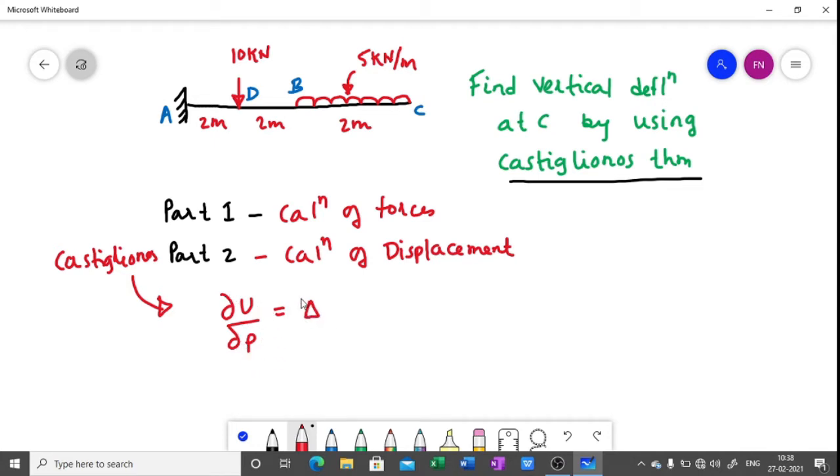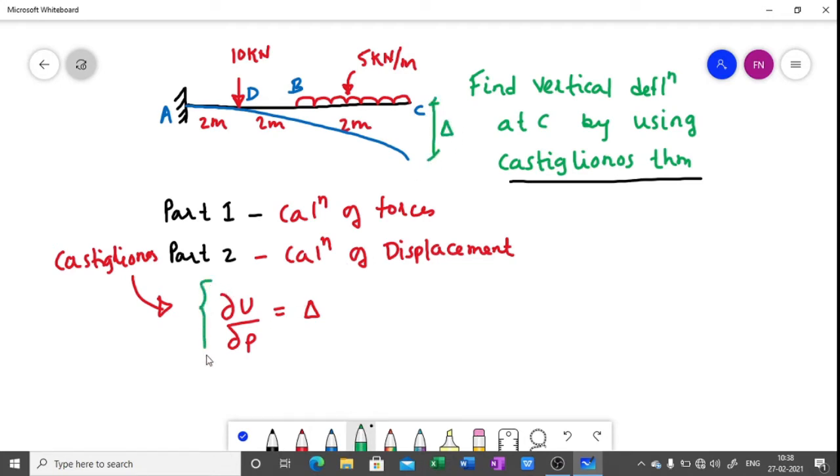I will repeat the statement: partial derivative of strain energy with respect to force is equal to displacement in the direction of the force. The question here is to find vertical deflection at point C, so I will write the possible displacement of this cantilever beam, and this delta is what we need to find.